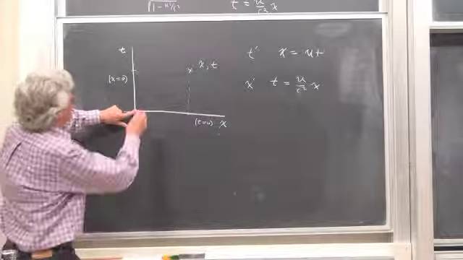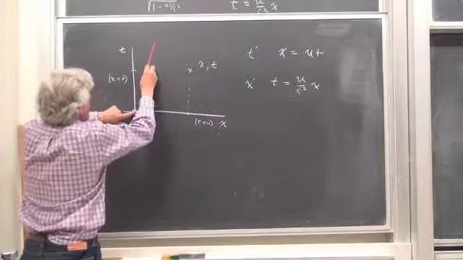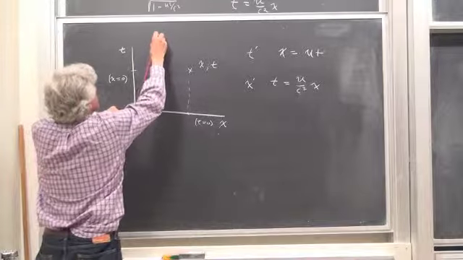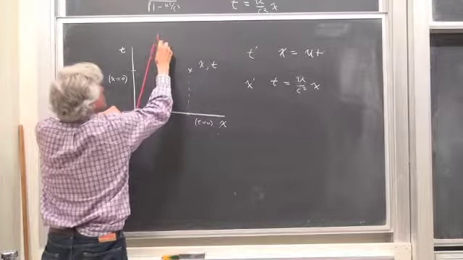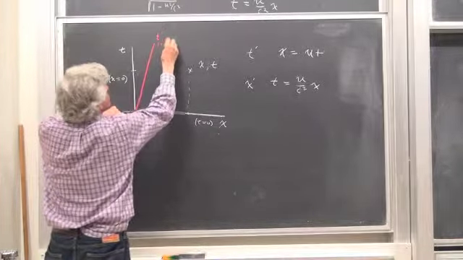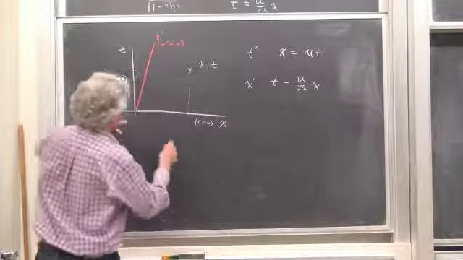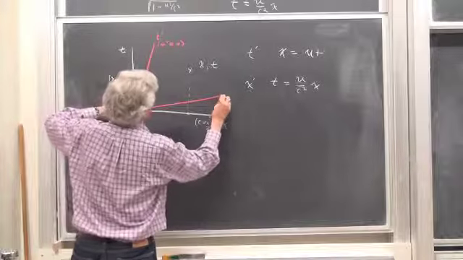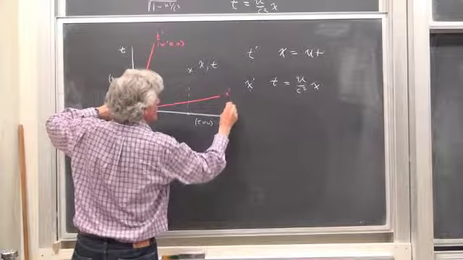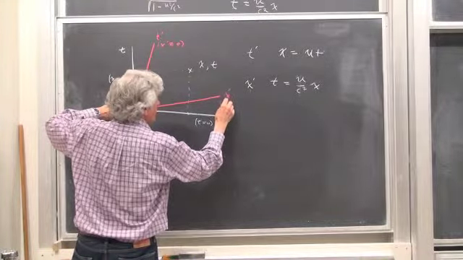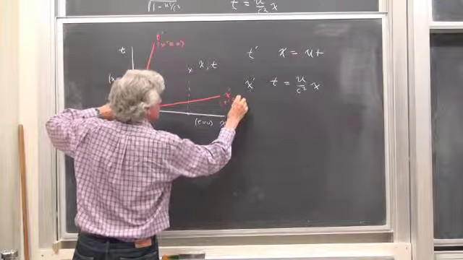Drawing that in, the t prime axis would look like this. And the x prime axis would look like this. This is t prime equals 0.